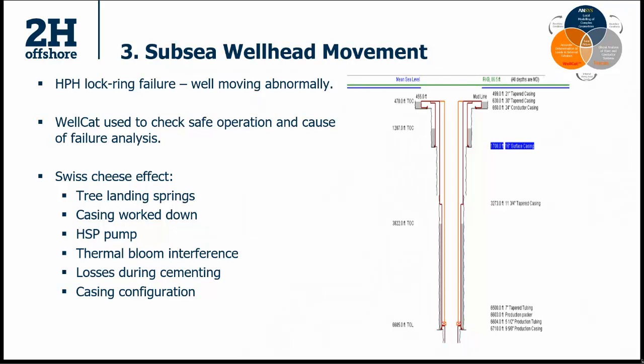Tree landing springs basically meant that the high pressure housing wasn't supporting a full tree weight. In the well construction, reading the drilling reports, some of the casings had been worked down, so maybe they didn't achieve their full hanging weight. The type of completion was an HSP pump, and so insulated.